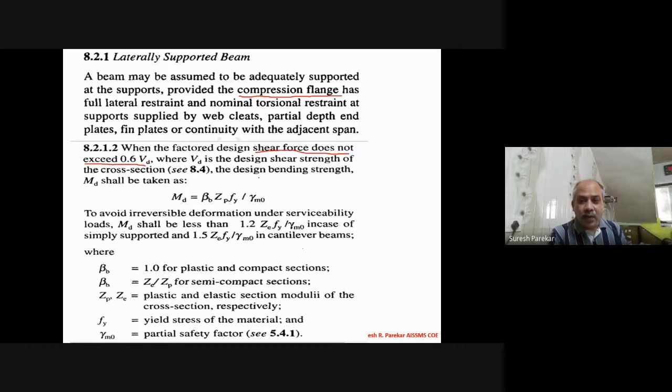So what is the difference when the shear force does not exceed 0.6 VD? It means the value of V, the shear force, is less than 0.6 VD. Try to understand this clause. VD is the design shear strength of the flexural member.